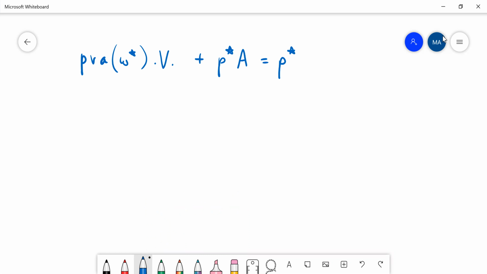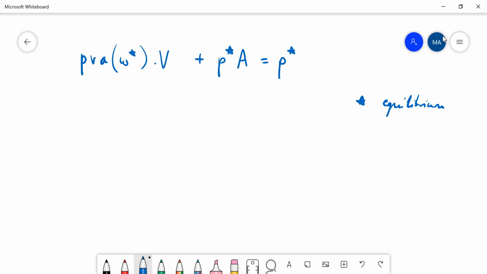Now, if you realize that this symbol star means equilibrium. All right? Now remember the meaning of this equation. On the left-hand side here, you see the average cost, right? So average cost has basically two components. One component, the thing on the right here, P star A, is originating from where?